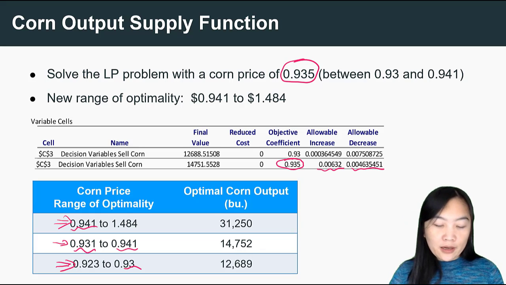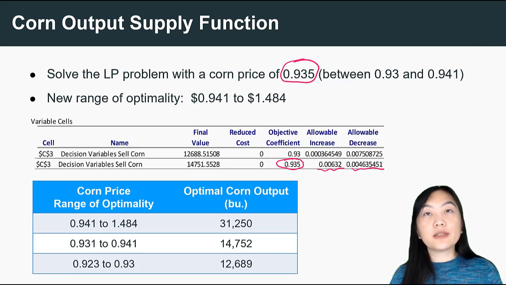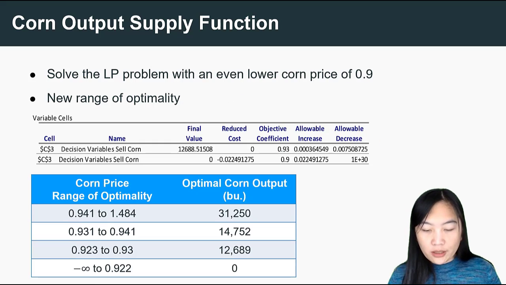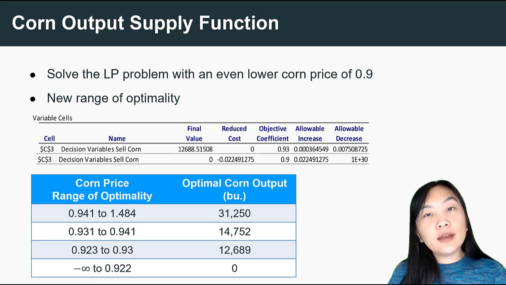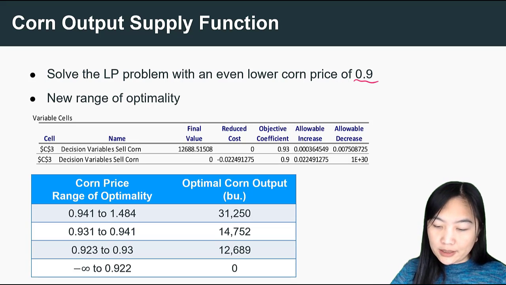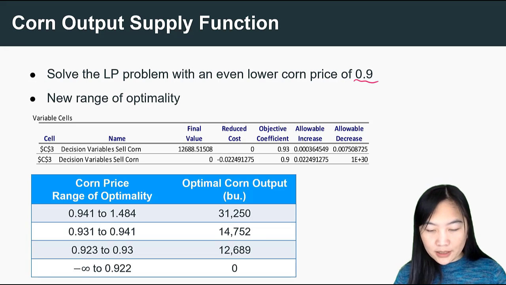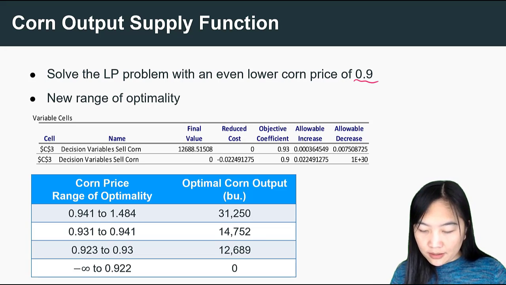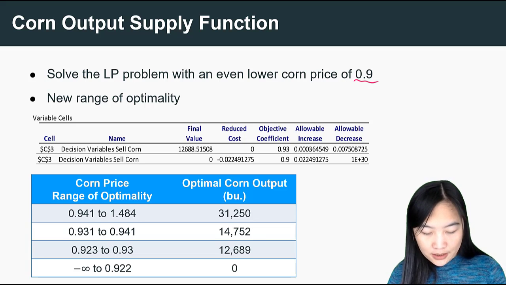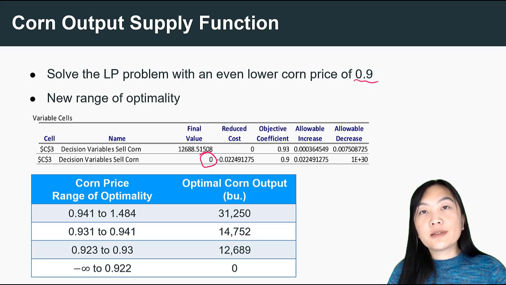And then I want to do the analysis a little bit further, which is to reduce the price even to an even lower number. So for example, this time, let's say the price is 0.9 and get a new range of optimality. And this time, if you pay attention here, we actually have the optimal solution is 0.